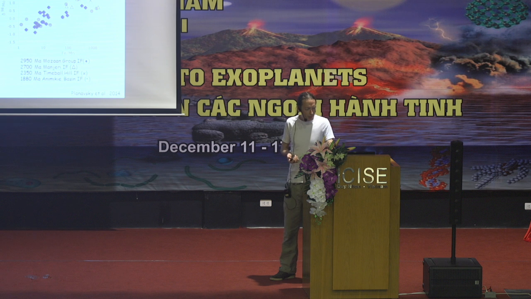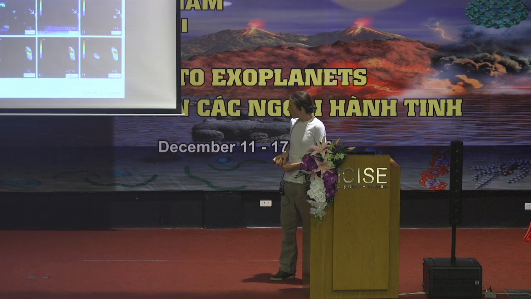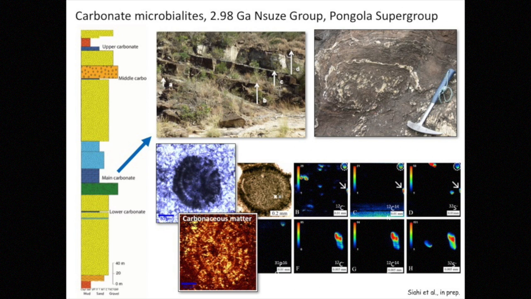oxygen recorded in the Pongola Supergroup, and the origin for this oxygen can be found in stromatolites that are quite well preserved in places in the Pongola Supergroup.